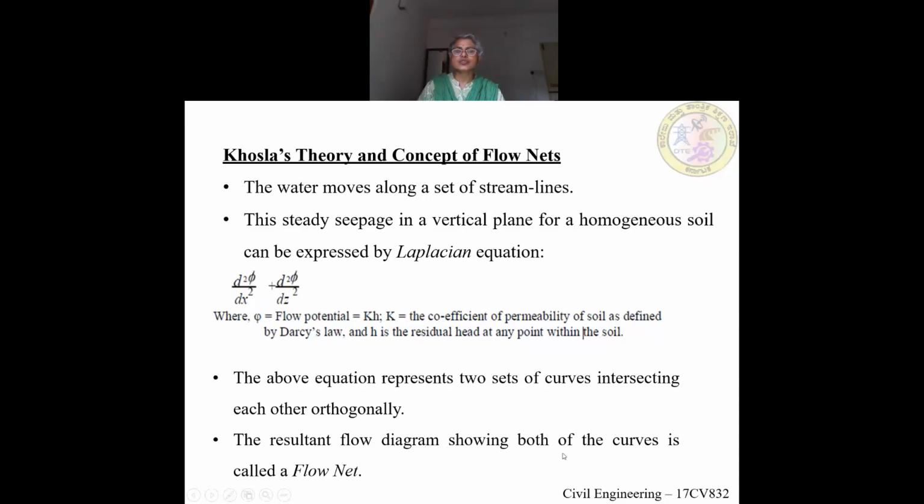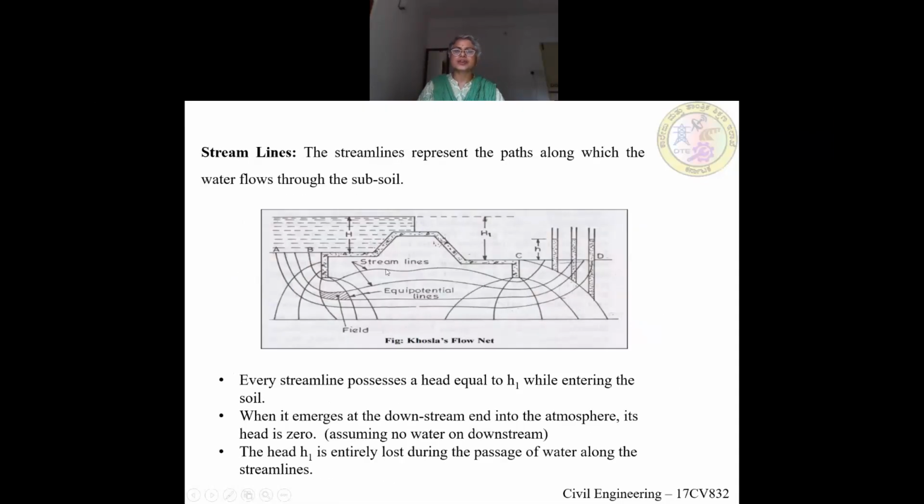The resultant flow diagram showing both sets of curves is called a flow net. You can see here these are the streamlines. Any water particle which flows from the upstream to the downstream side will follow a path, and that particular path is called a streamline. There are many such streamlines, each with its own path.